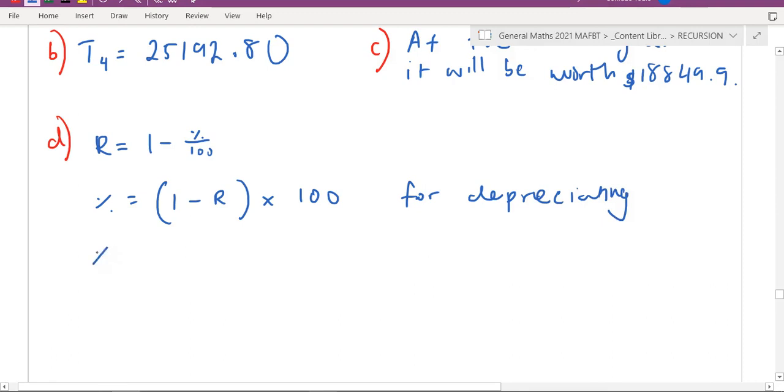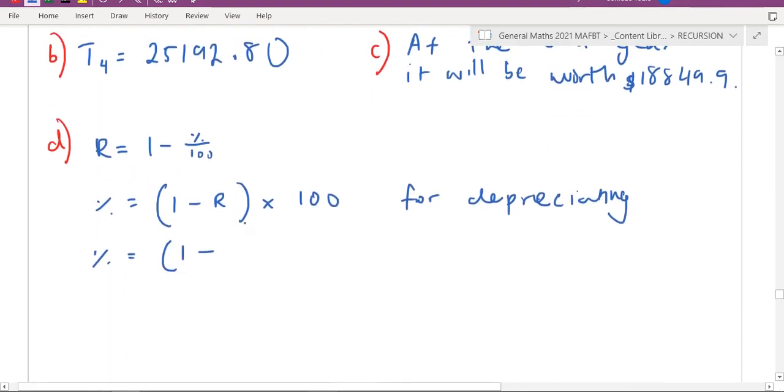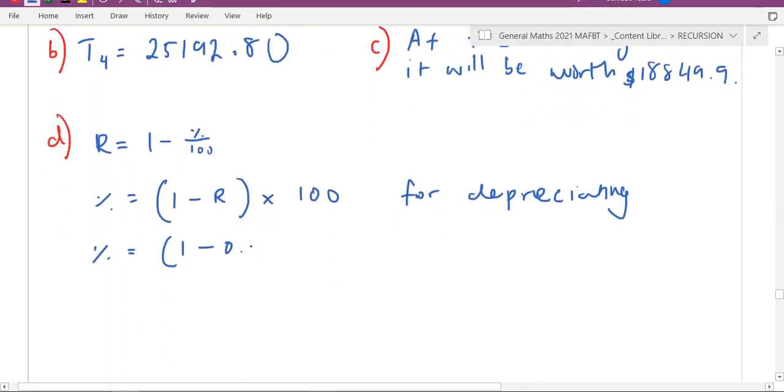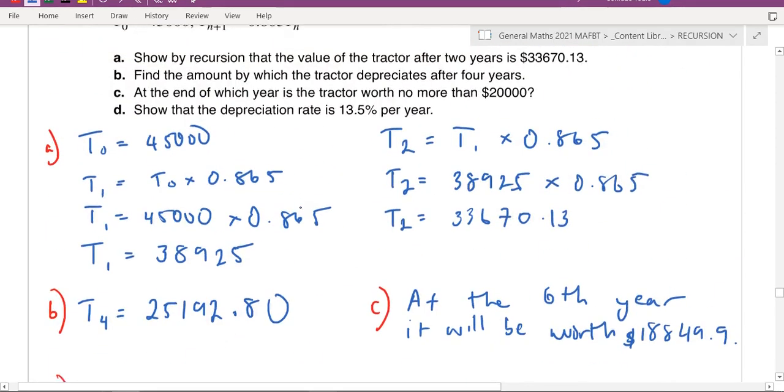So if we try to work that out, it'll be 1 take away the rate. What's the big R here? 0.865. Sorry, minus 1, it will make it 0.135. Times 100. So we're trying to prove that the percentage rate was 13.5.